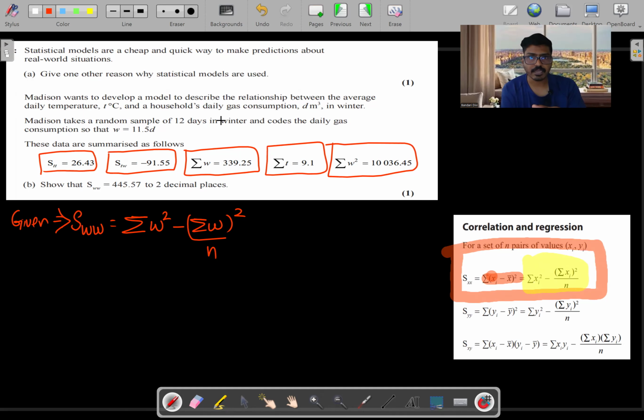Here the n value is 12, because the number of days sampled is 12.